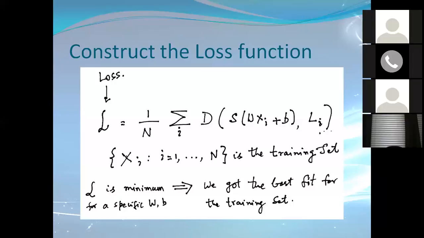Optimizing this function is what training is about. That means you need to get values of W and B for which this is minimum, meaning the error is minimum. So that's the idea. Now, how do we do that?